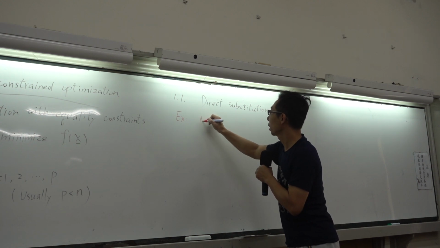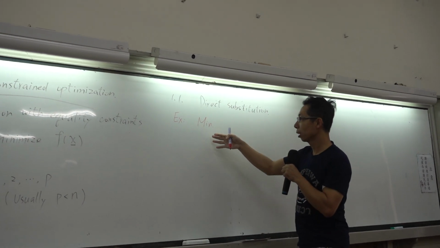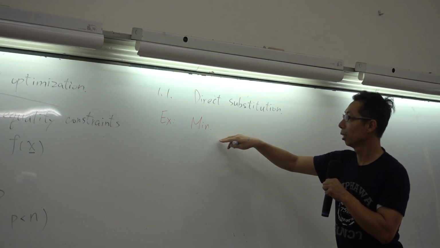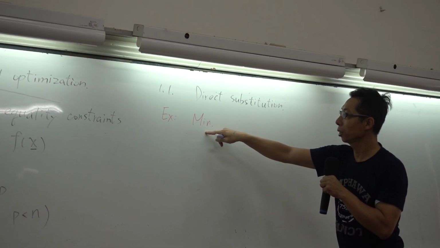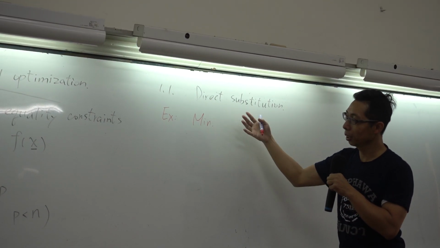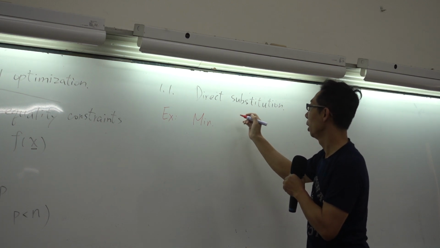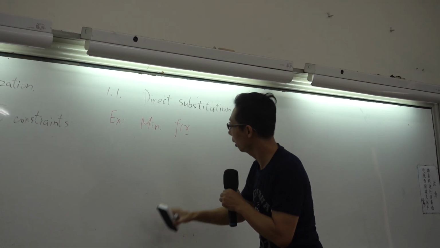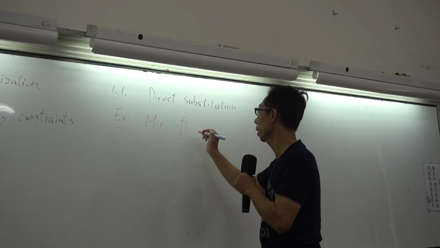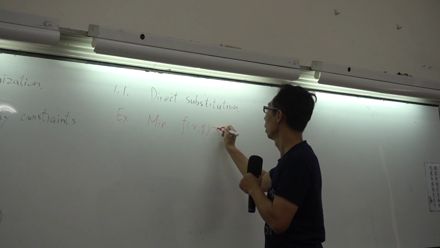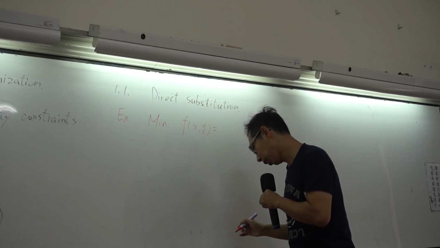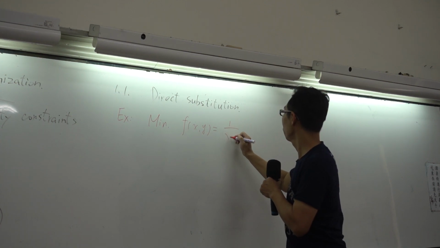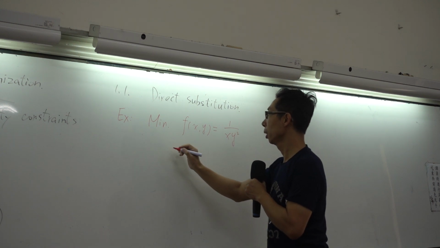So let's say we want to minimize, I'll use min, which means minimize, f of x, and let's say there are only two variables, so f of x, y, which is 1 divided by x y squared.